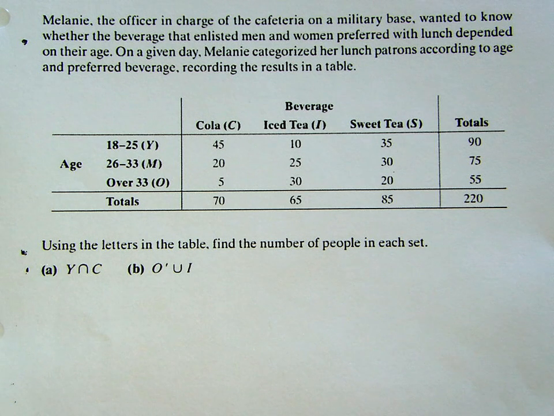So Melanie, the officer in charge of the cafeteria on a military base, wanted to know whether the beverage that enlisted men and women preferred with lunch depended on their age. On a given day, Melanie categorized the lunch patrons according to age and preferred beverage and recorded the results on the table. So she has different age breakdowns from 18 to 25.